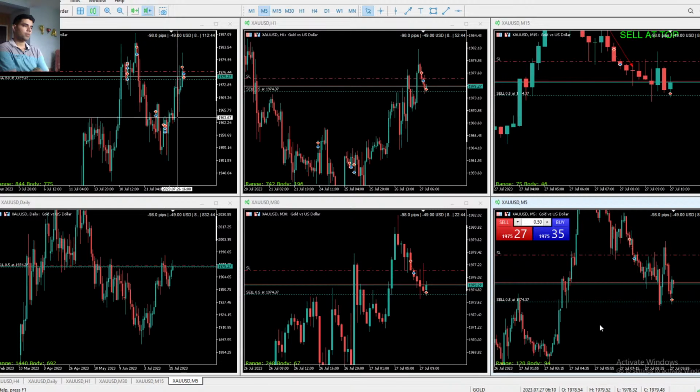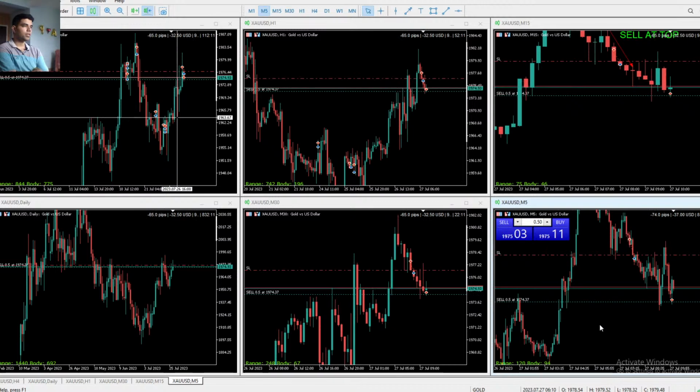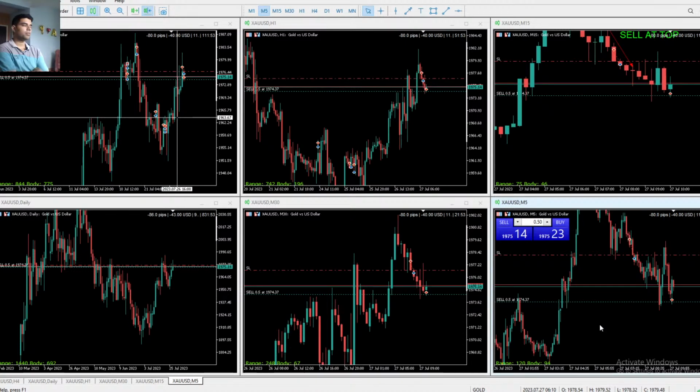So I based this trade on 15 minute, even though it's a weaker time frame. Most of the time I base my trade on H1 and M30 time frame, but this being the London Open, I entered the trade based on the M15. Okay guys, so let's see how it turns.